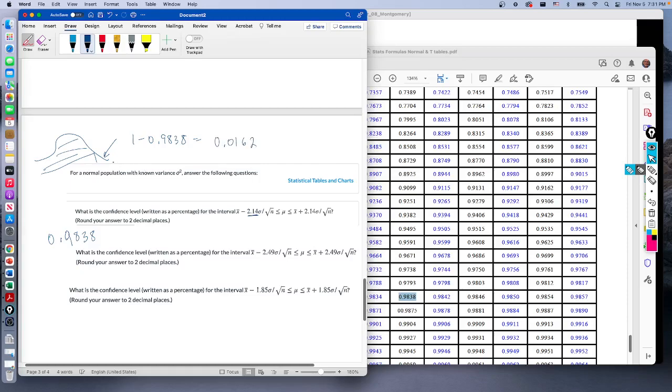And now since we're doing a two-tailed test, the idea is that that amount, this 1.62%, is on the top and the bottom. So we add that together, or multiply it by 2. So we take that number times 2, means 0.0324.